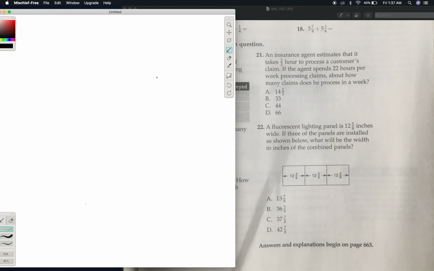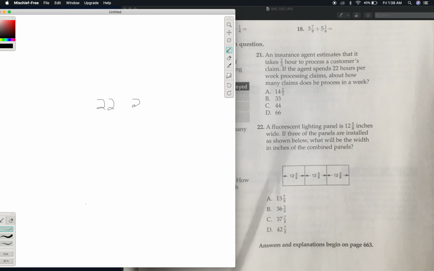Well, that's a darn good question. Thanks for asking. Okay, so here we need to divide, because we have that 22 number. We have the 22, which is total hours she spends, and it takes 2/3 of an hour to process a single customer's claim, okay?